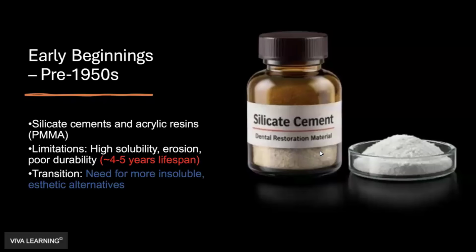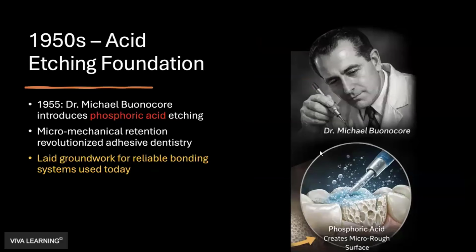So this led to research to see how we could make composites a lot better and take them to the levels that we're doing composites at nowadays. And it wasn't until the mid 1950s that Dr. Michael Buonocore, I don't know if I pronounced it right, invented, well, I don't want to say invented, I guess, put the phosphoric acid into the system that we have today.